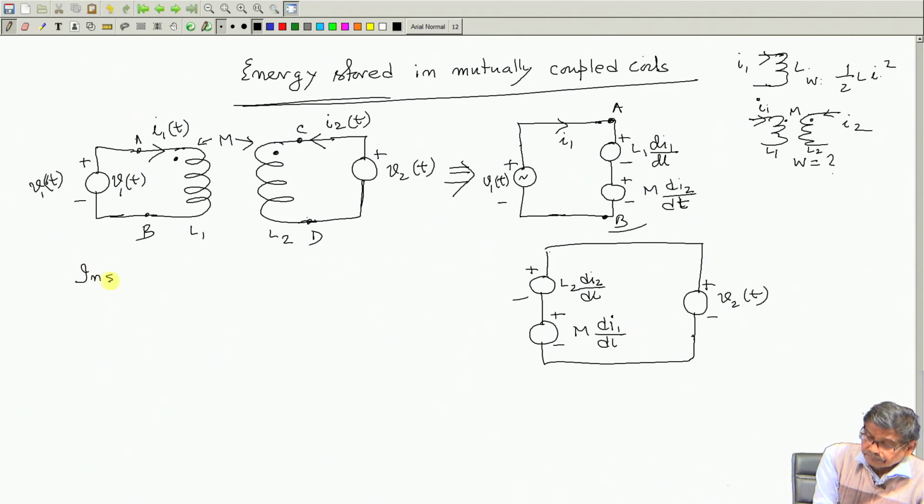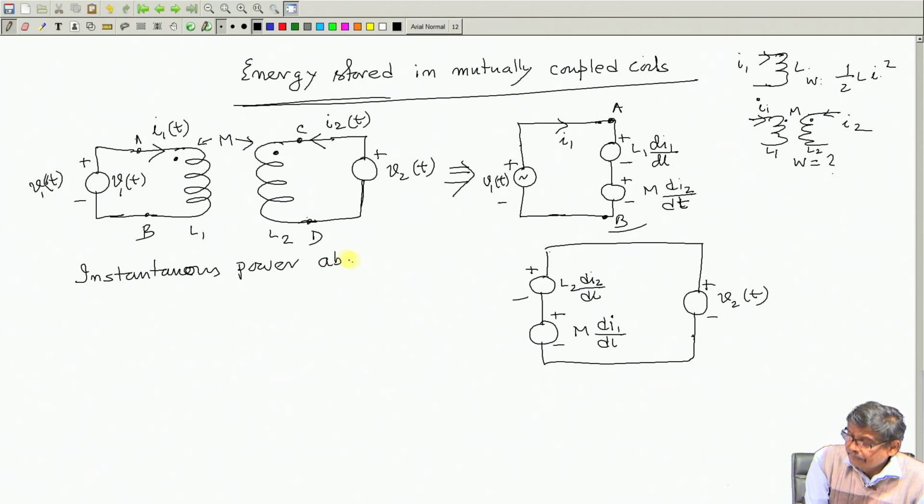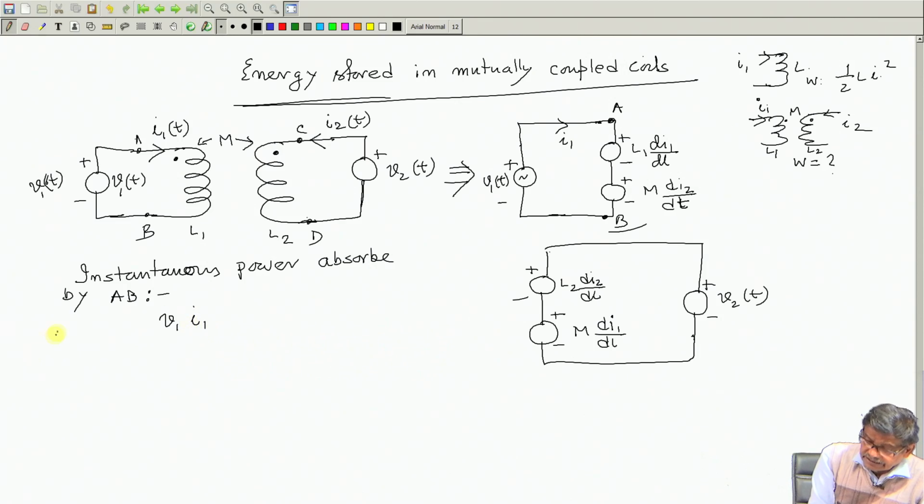instantaneous power absorbed by the AB element will be V1 into I1, the instantaneous power.